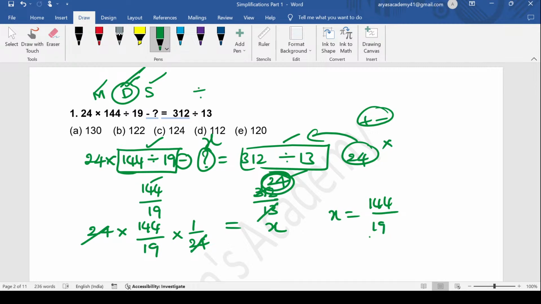So there is no answer for it. I hope this is a printing mistake. Instead of 19, we will write it as 9. So if you make it 9, then you can cancel it.